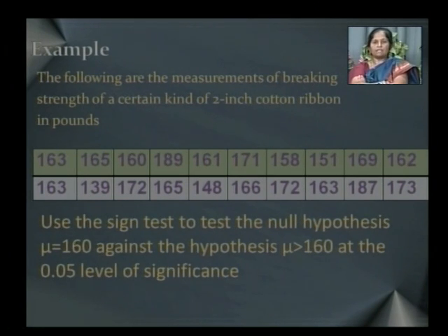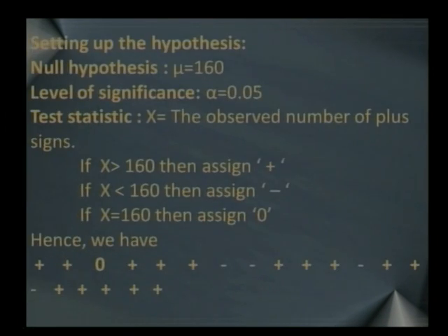In this way you can assign the positive and negative signs. If a data value is the same as 160, we assign the value 0, discard that sample from the data, and proceed with the rest of them.